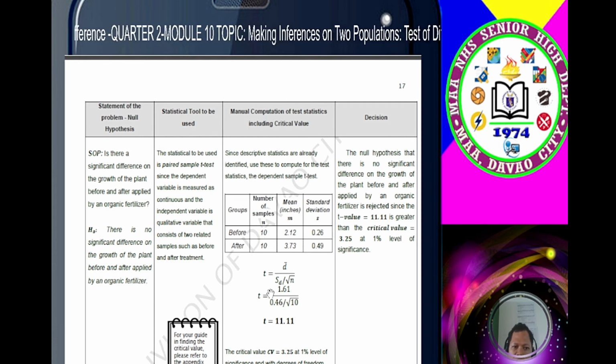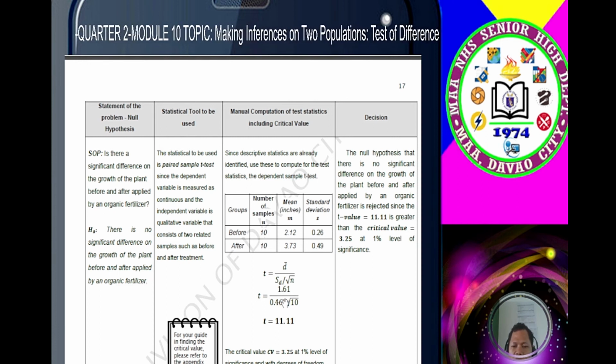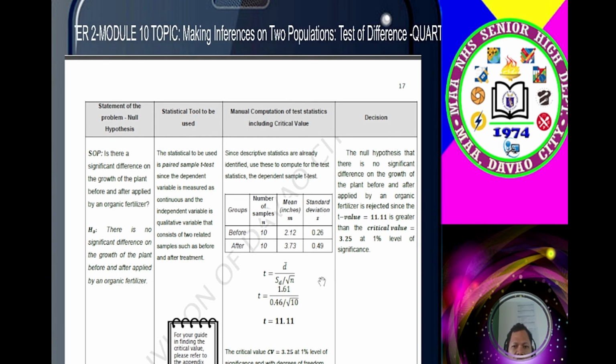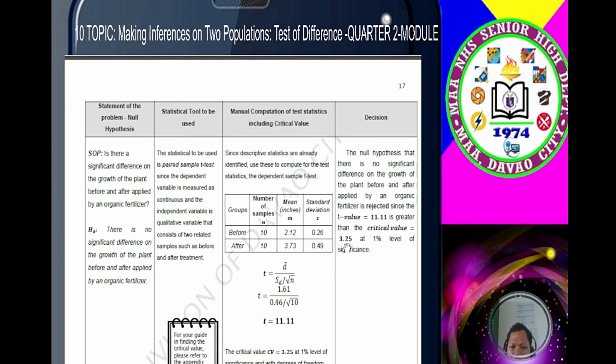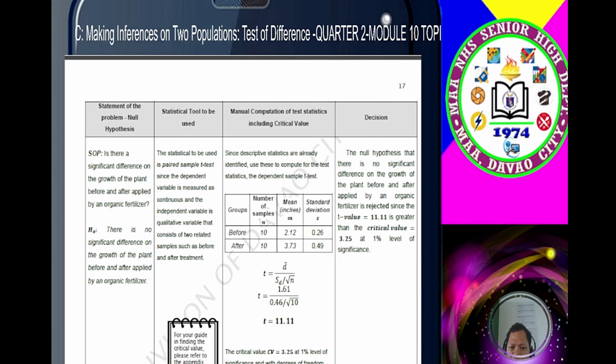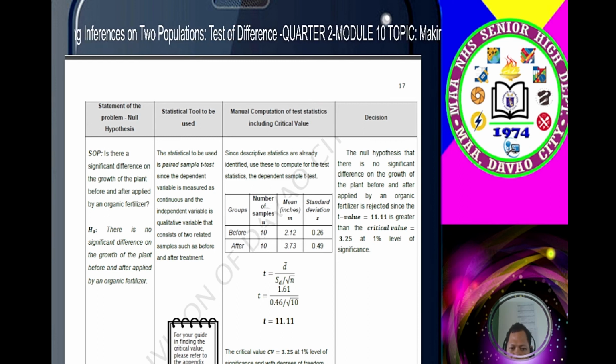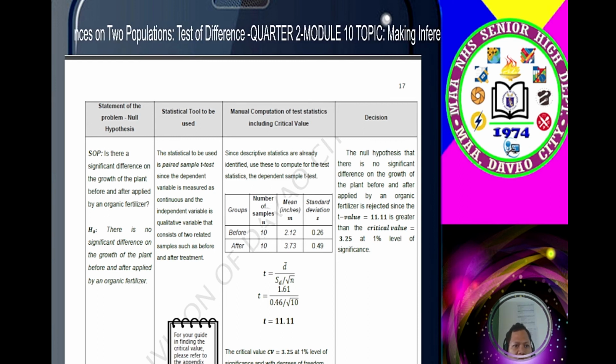Okay, so I hope you get the correct answer and computation. So let's counter check it using the JAS software.